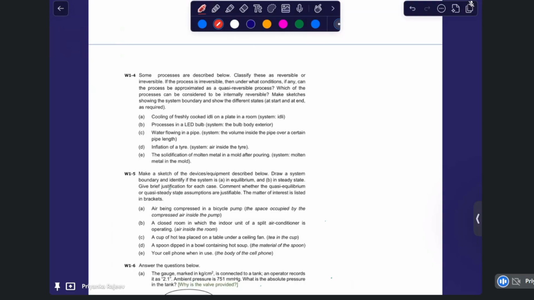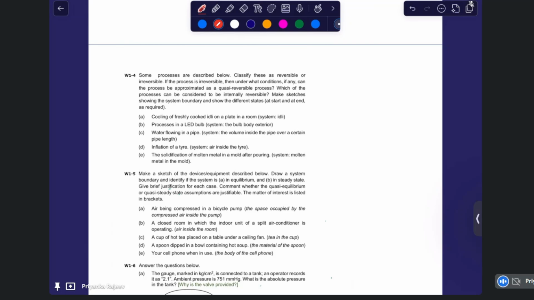So say, first one is cooling of freshly cooked idli on a plate in a room. So that is sort of irreversible, because you can heat up the idli again, so it will come back to the previous temperature, but the heat that was dissipated to the surroundings, that heat cannot be recovered.